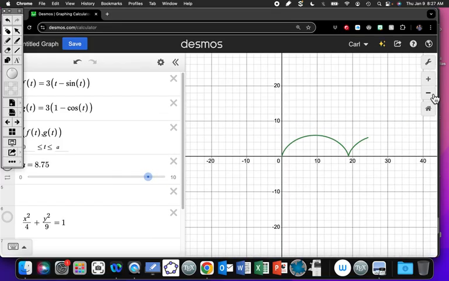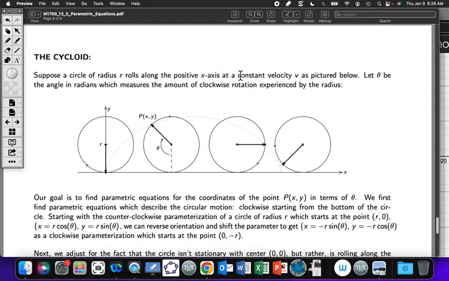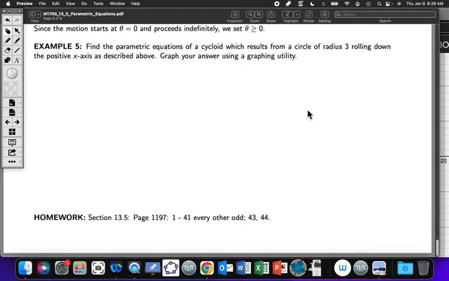And so this is what would happen as we're rolling along with that circle. Okay, so we would start here, circle of radius 3, at the bottom, and then as we moved across, we'd be tracing out these arcs. Okay. So that'll do it for the cycloid, and that'll do it for the course.